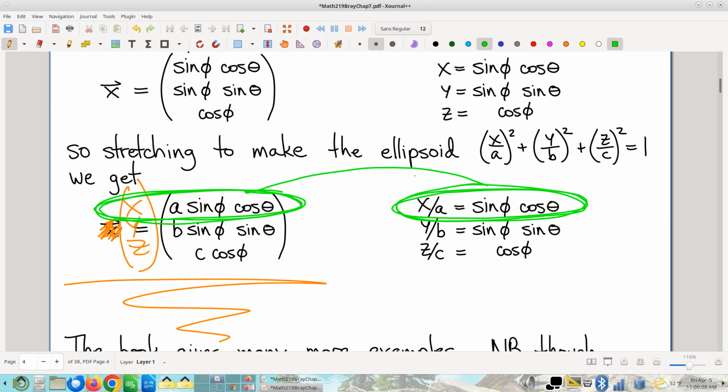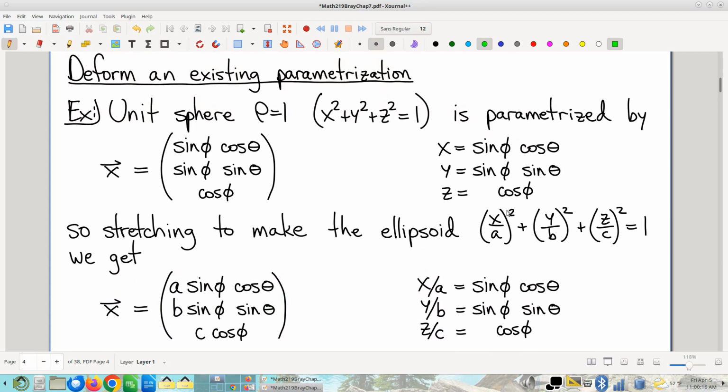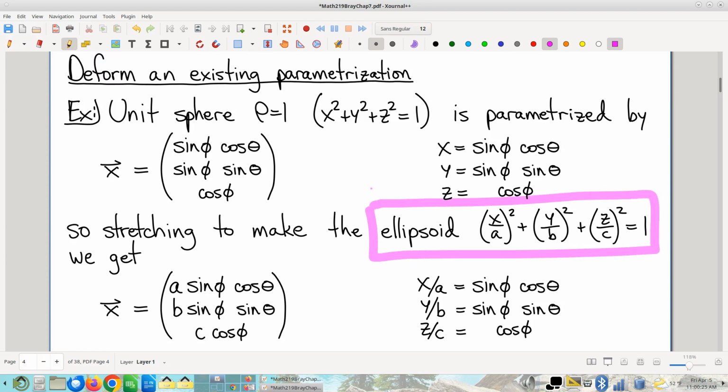Okay. So either point of view you prefer is totally fine. Take your pick. So sometimes this works out really nicely. In this case, when you're asked to parameterize an ellipsoid, you look at this and you think, well, I don't have any other good options, and then you remember that the ellipsoid, even though it is a totally different surface from a sphere, is closely related.